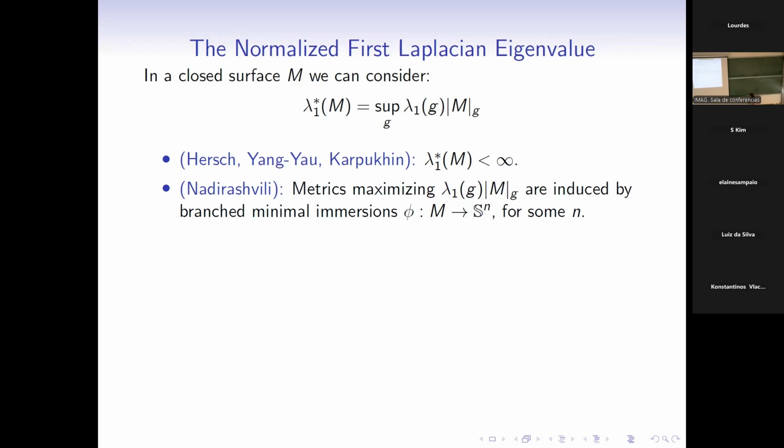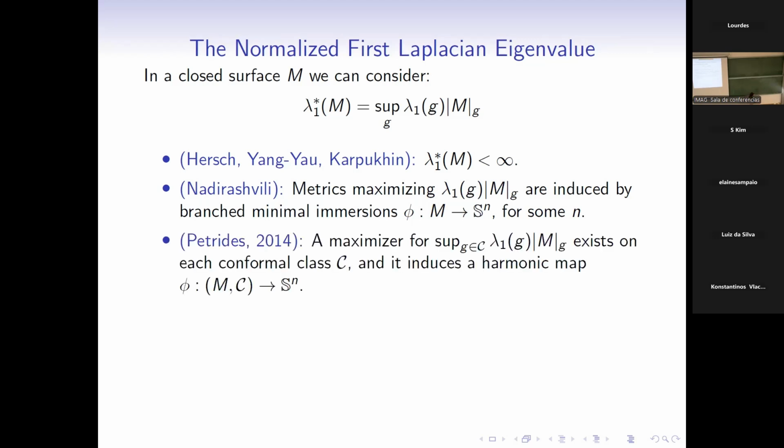Okay? And for the existence case, I'll have Petridis, who's there in the back, and he's going to give a talk later. So Petridis worked on this, and he proved the existence of a maximizer when you concentrate on a conformal class, but that will only give you a harmonic map. Okay.